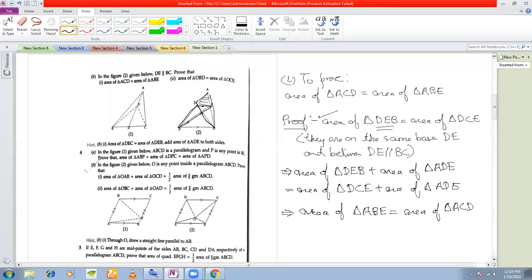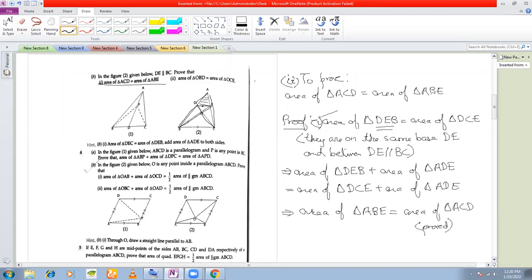And that is the required proof. If you see the first one, area of triangle ACD is equal to area of triangle ABE. So that is proved. So no mathematics in here, only observation. Are we clear? Or anything that requires explanation? No, sir. Okay. Second part.